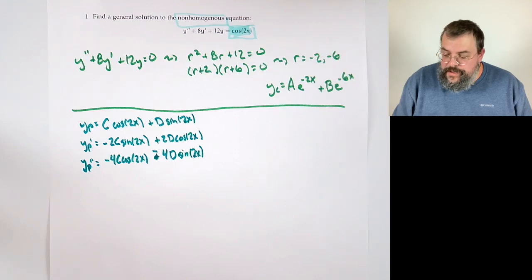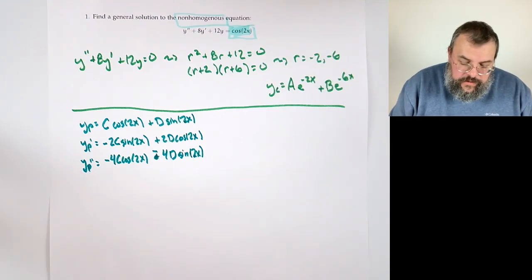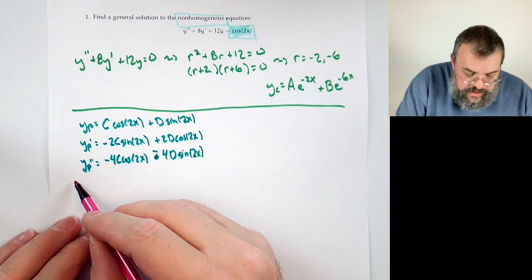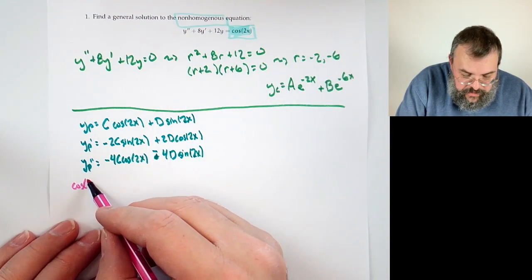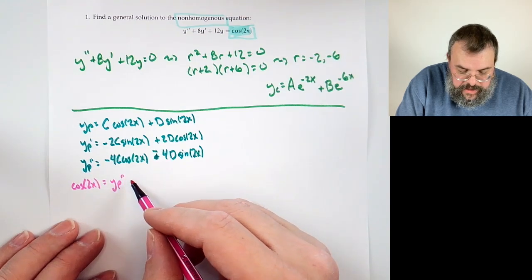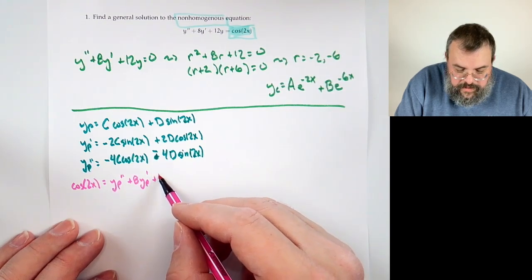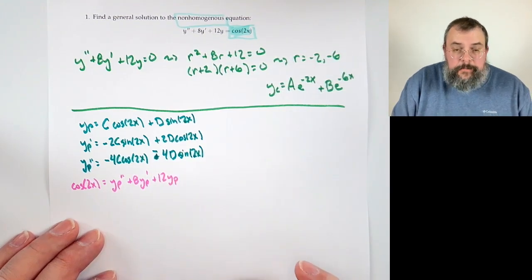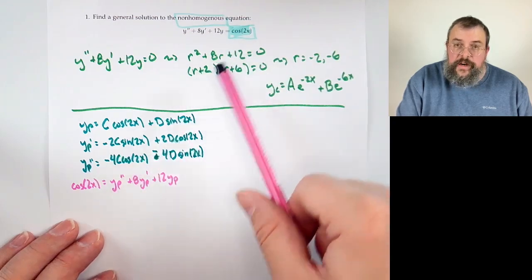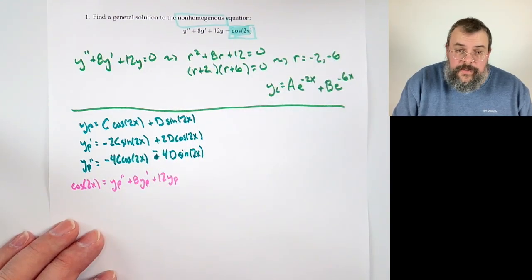All right. Now we're going to plug it in. So remember, we have that cosine of 2x is equal to yp double prime plus 8yp prime plus 12yp. I'm just copying this down and plugging in the particular solution.